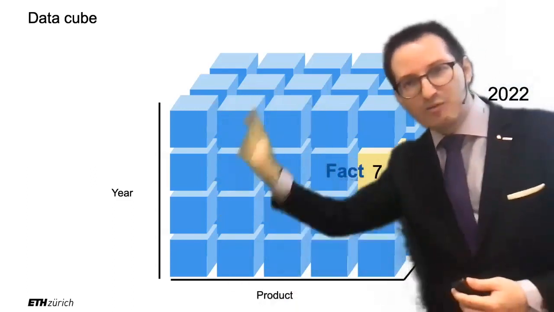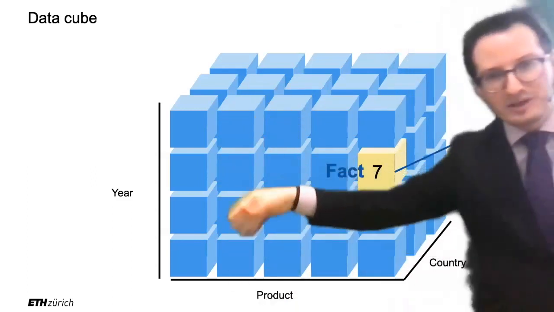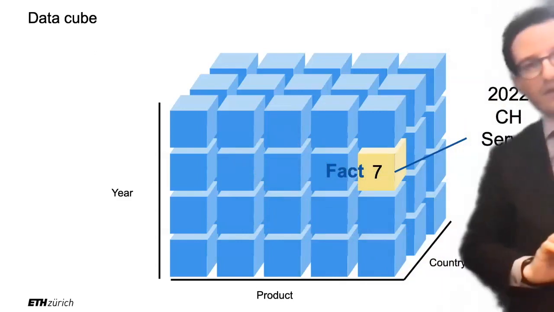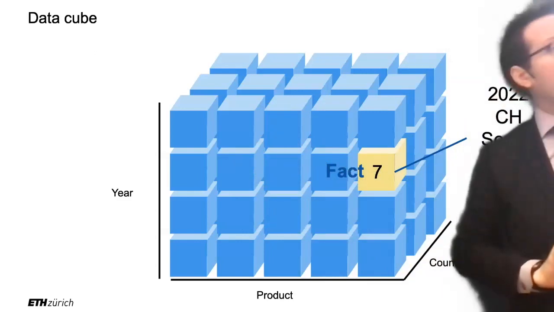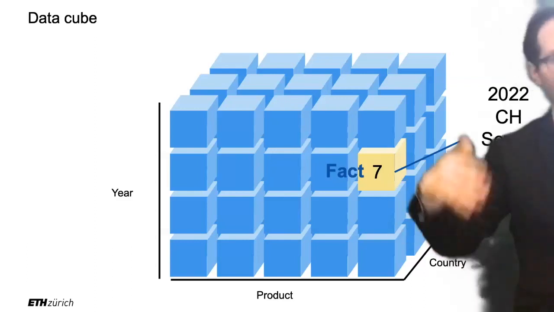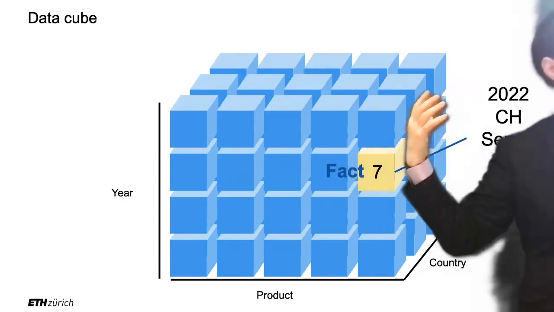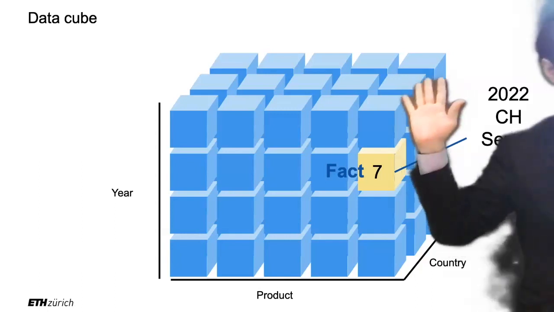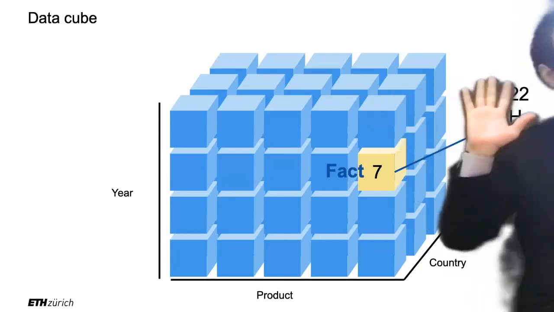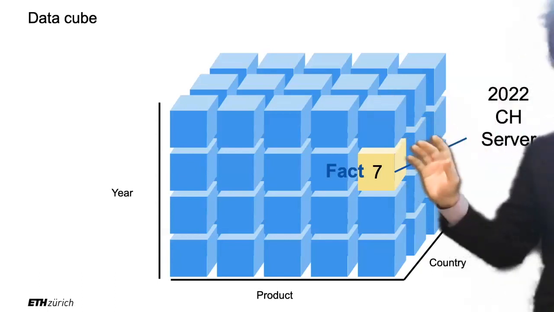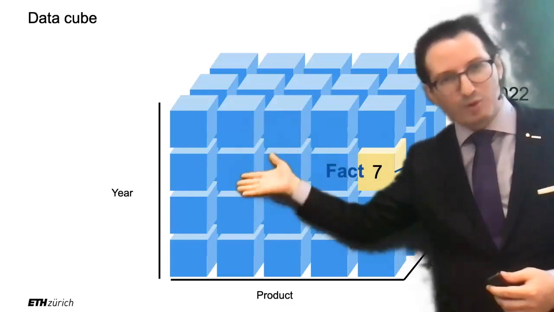And we have the same in every other little cube in there for every year, every product, and every country, right? Cubes can have more than 3 dimensions. They can have 4, they can have 5. 4, who manages to visualize 4-dimensional hypercubes? Some of you, right? This can still kind of be done. 5, that's almost impossible for any human being, right? So this is why I didn't bother you with more.